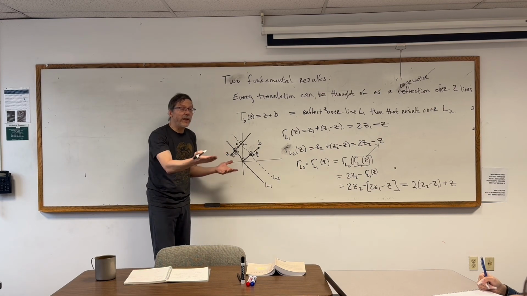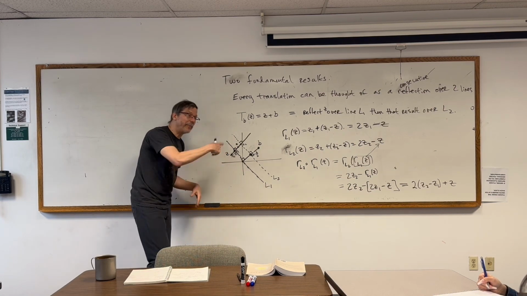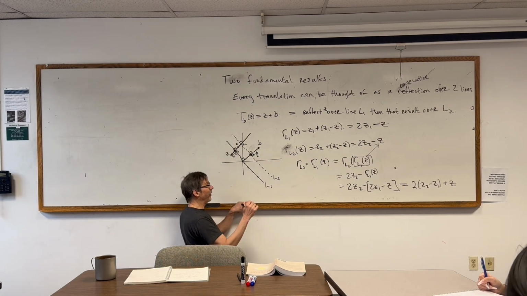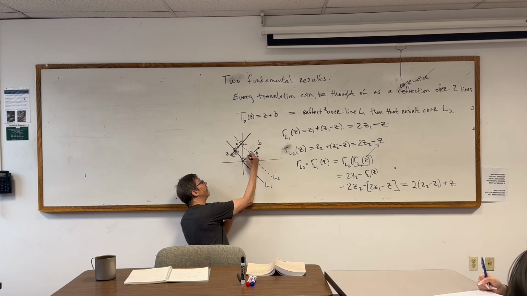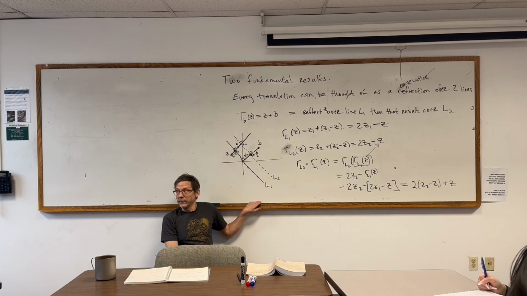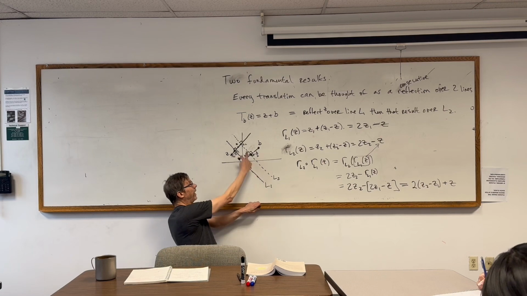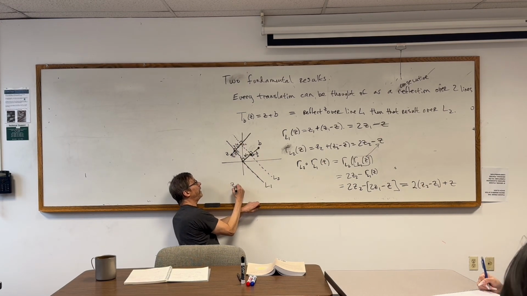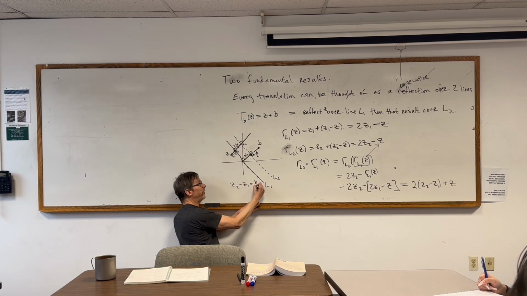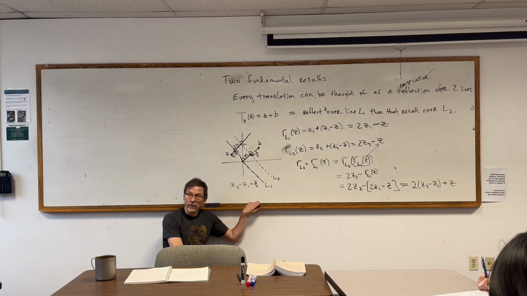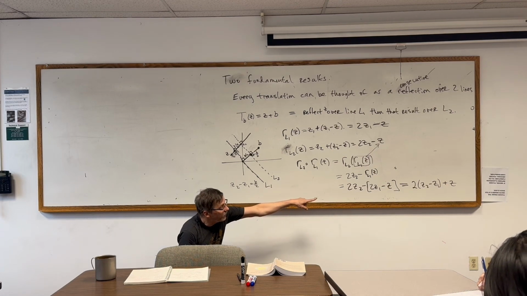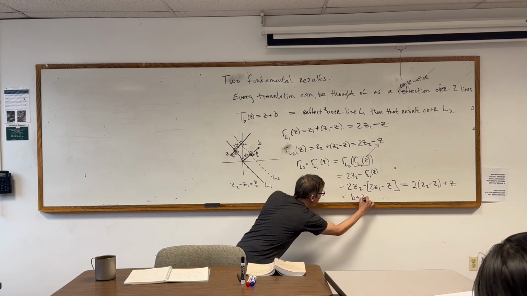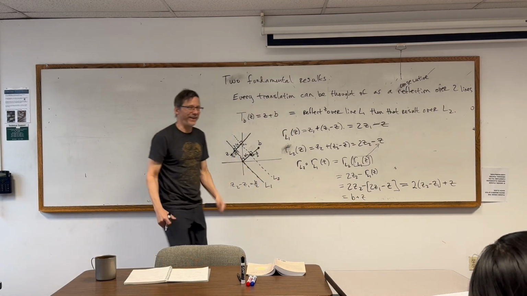Perfect. So this distance here is B over 2. These are parallel lines, so this distance is B over 2. In other words, Z2 minus Z1 is B over 2. And there I have twice it. So it's 2 times B over 2 plus Z. Huzzah. It's just Z plus B. Nice.